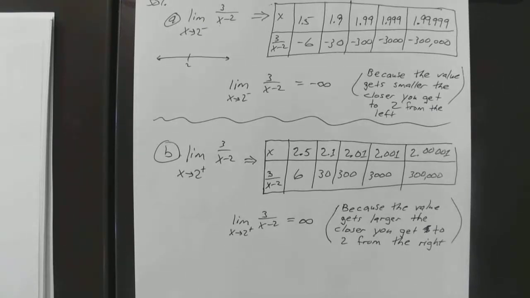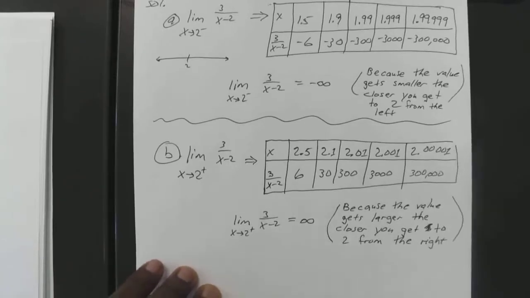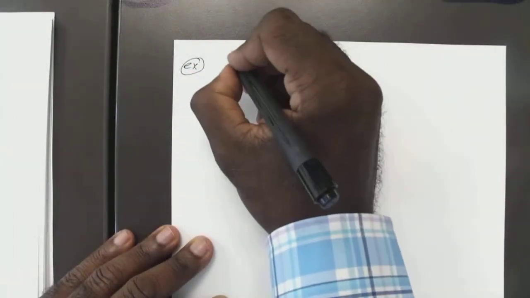Okay. Make sure everyone's done. Okay, so if we have our, say our vertical asymptote.